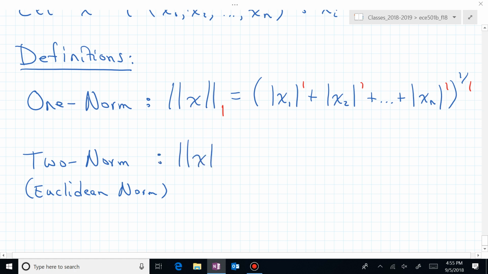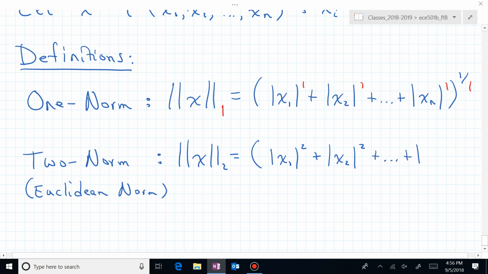Now if we have the 2 norm of x, we take the magnitude of x1, so that could be a negative number, it could be a complex number. We take its magnitude and we square it. We take the coordinate x2 and take its magnitude and square it.